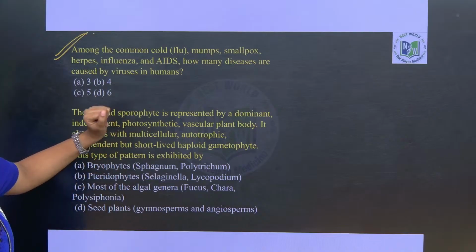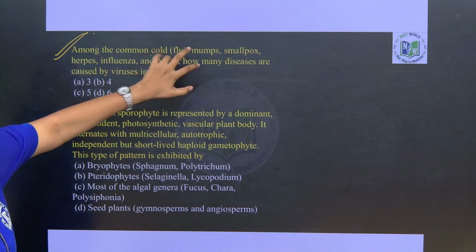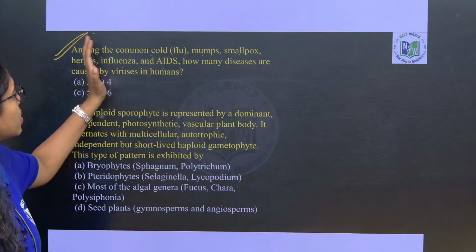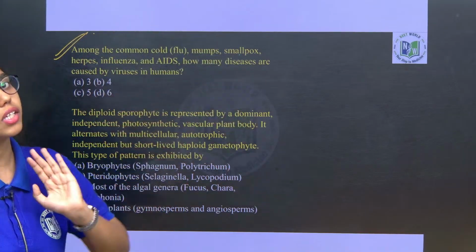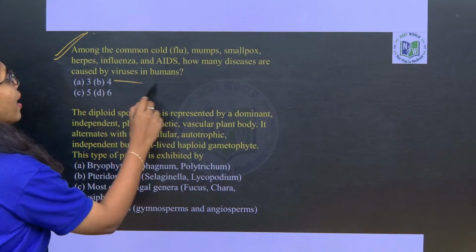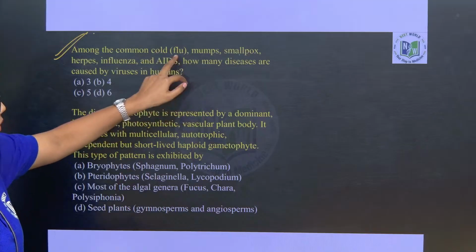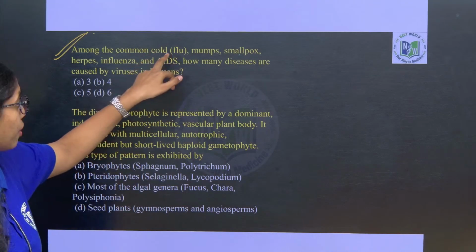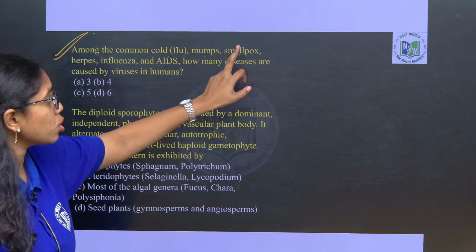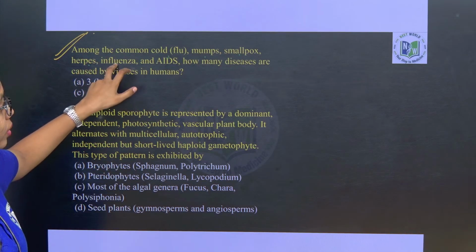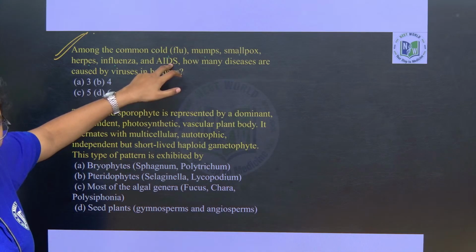Next, among common cold, mumps, chickenpox, herpes, influenza, AIDS, how many diseases are caused by viruses in humans? First, common cold, flu is a viral infection for humans, mumps also, chickenpox, herpes, a sexually transmitted disease, influenza, AIDS through HIV.